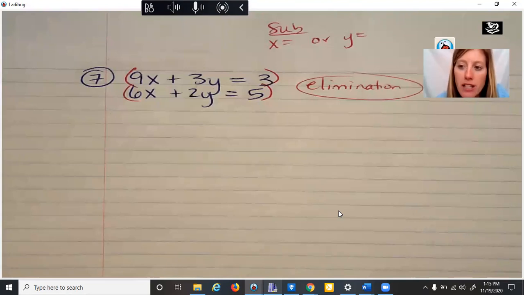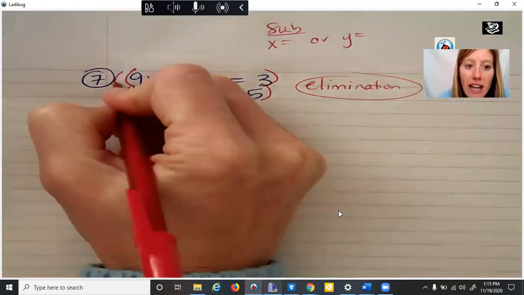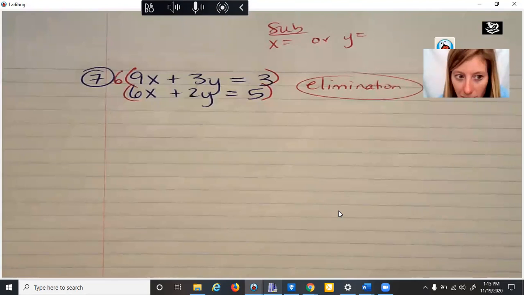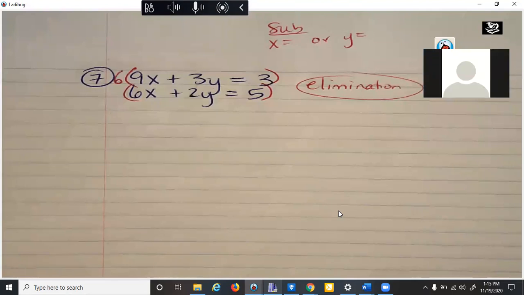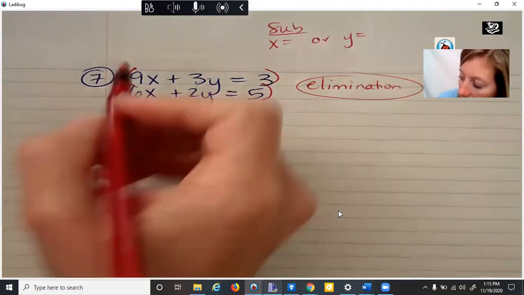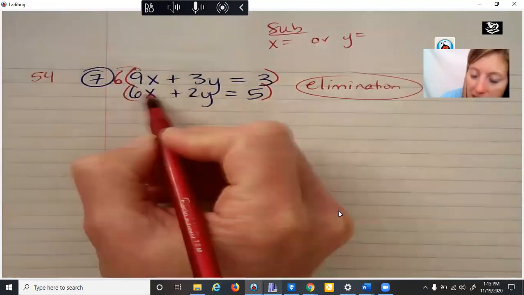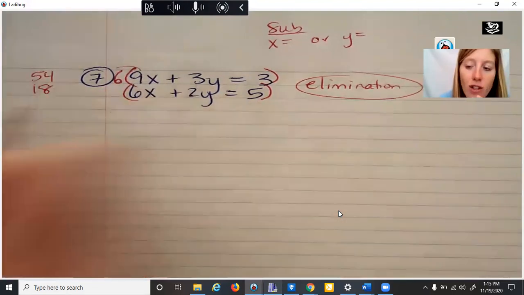What do you think we could multiply the top one by? 6. Very good. Kamari, what can I multiply the bottom one by? 3. Nope, because if you multiply this one by 6, that gives you 54. If you multiply this one by 3, that would give you 18. So those numbers don't cancel.